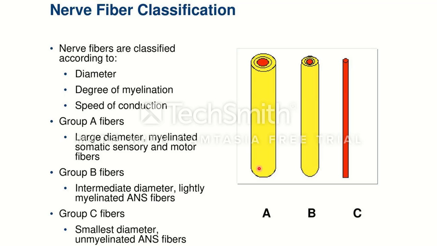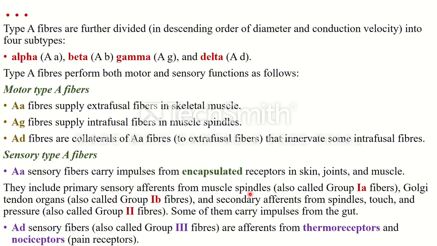This type of neurons can also be divided into four types: A alpha, A beta, A gamma, and A delta.